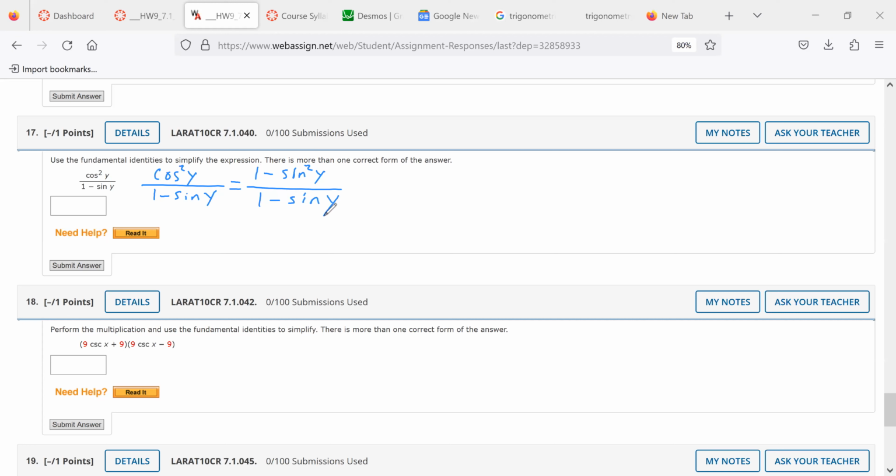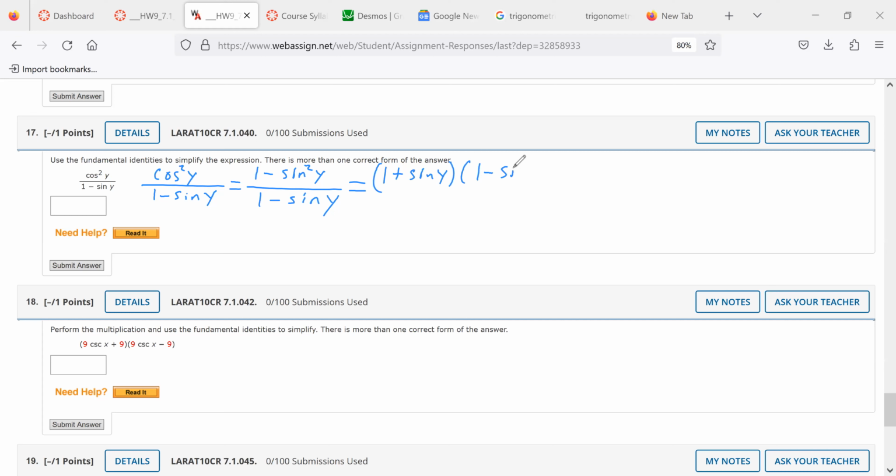So what you want to do is factor the top. Does anyone see what type of factorization that is? We just did it earlier. Hint. Difference of squares. Yeah. So 1 plus sine times 1 minus sine.